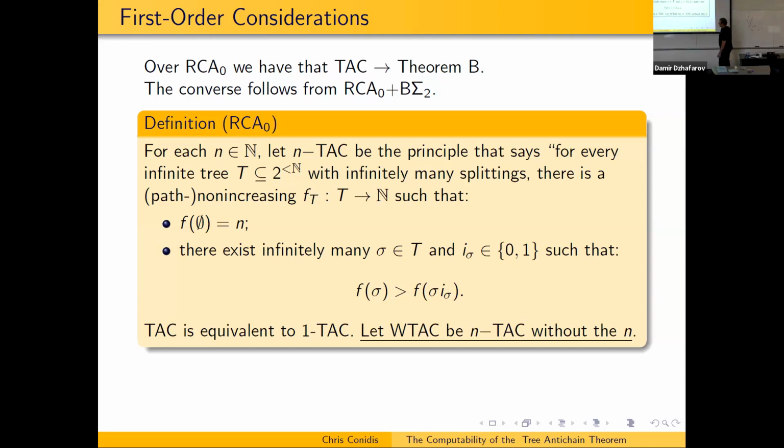What I want to say here is that, yes, sorry, there exists a natural number n for every infinite tree. There exists a natural number n.